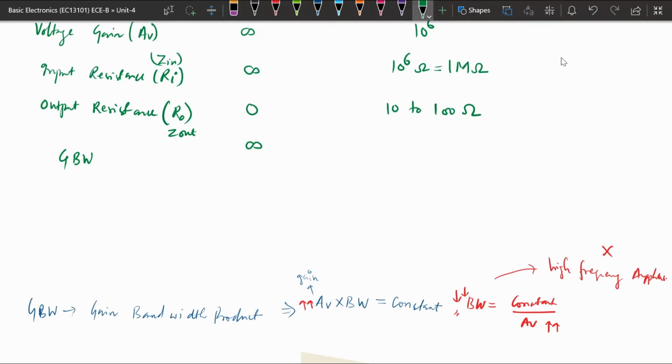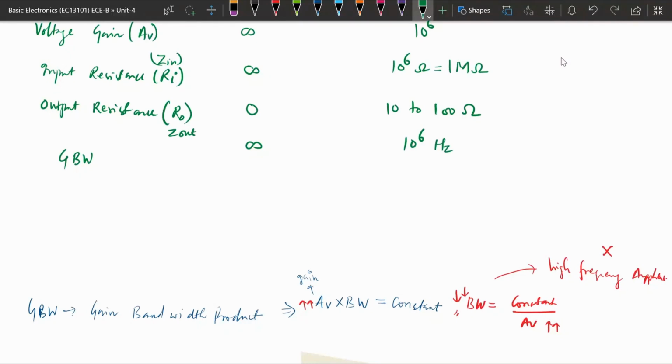Because the gain we have considered is infinity, the gain bandwidth product will also be infinity, since infinity multiplied by a bandwidth is infinity itself. So the gain bandwidth product is considered to be infinity in the ideal case, but in the practical case it is 10 to the power 6 hertz, because gain has no unit and bandwidth has the unit of frequency.